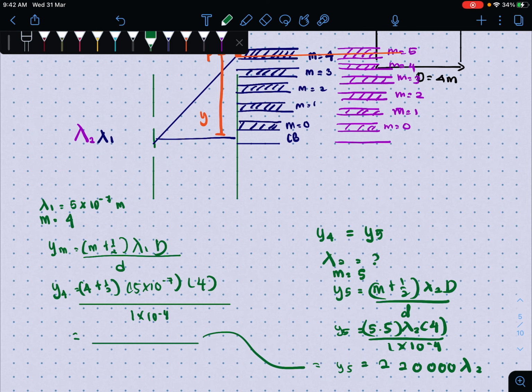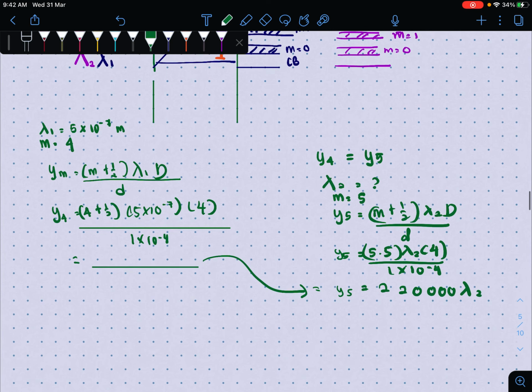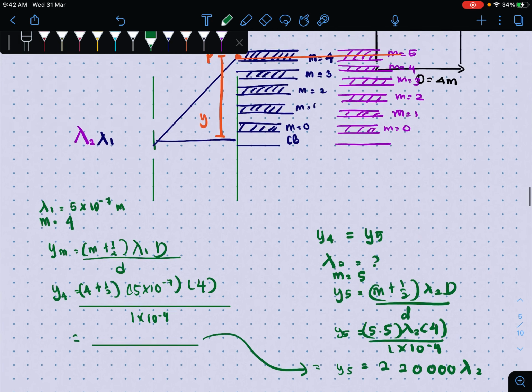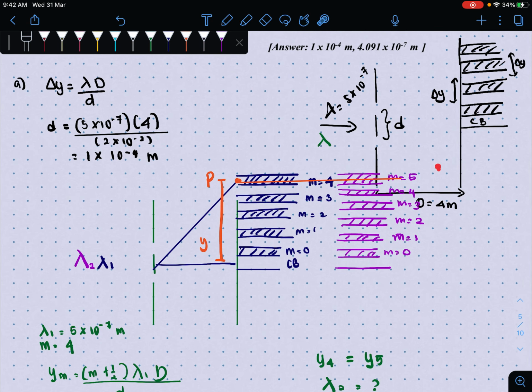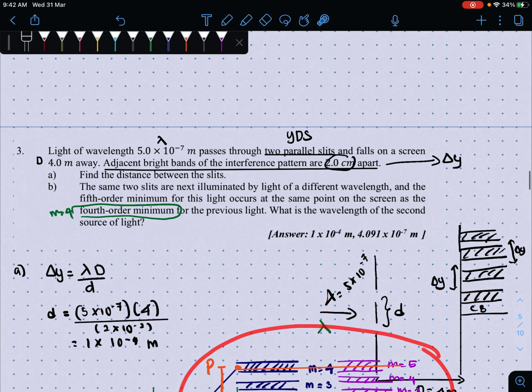Y4 kamu tadi adalah jawapan daripada sini. Samakan and you can get your lambda 2. Alright. Yang penting adalah you should be able to come up with this one daripada soalan ini.